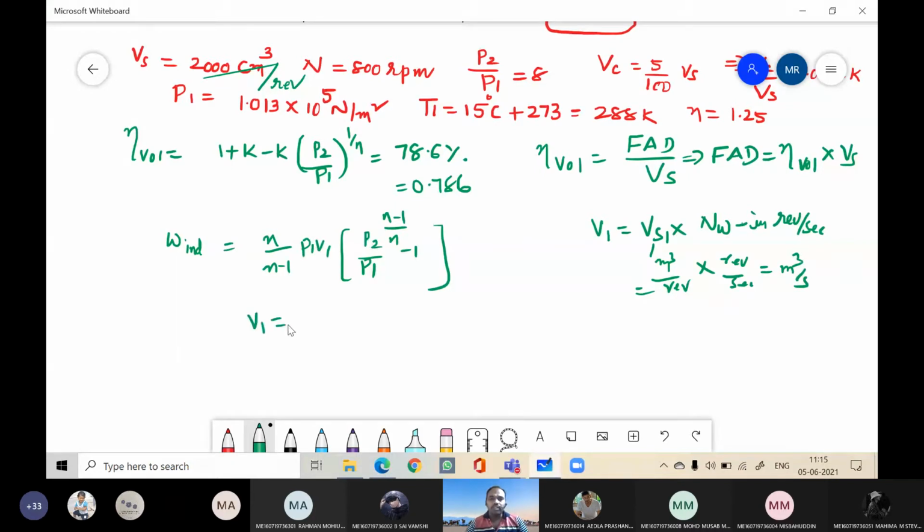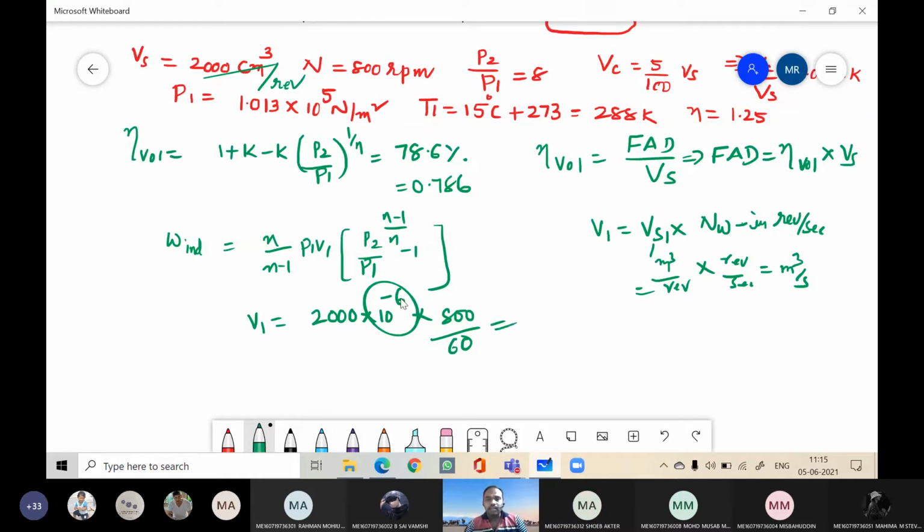So V1 is equals to 2000, but I don't want centimeter cube in SI unit. Centimeter cube is 10 power minus 6 meter cube per revolution, into, it is single acting, Nw is equals to 800 by 60. Agree? Why did I multiply with 10 power minus 6? Can anyone tell me? We wanted to convert into meter cube, because the SI unit for volume is meter cube. Okay, right. So from this you will get V1.